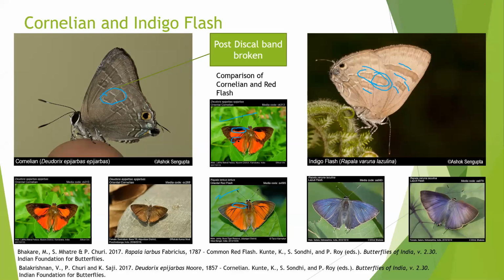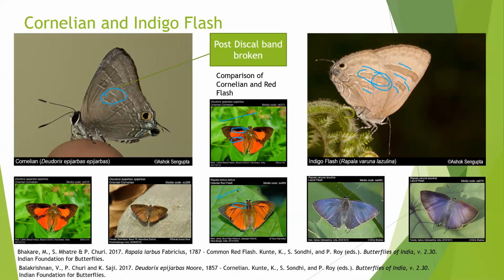This particular patch is very prominent in cornelian, which is not there in the case of red flash. But the most common feature to distinguish between the two is the presence of a dark colored cell in the cornelian and its absence in the case of a red flash.